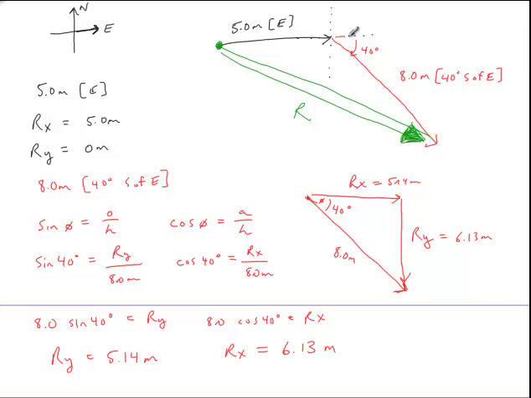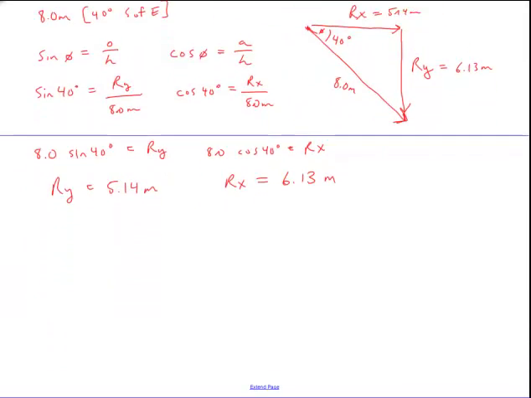That Rx can be drawn in right there. It's the same thing. And if I erase my labeling, you could also draw in your Ry right there. What you notice is this makes one big right triangle. And we can use that one big right triangle to solve for our resultant.